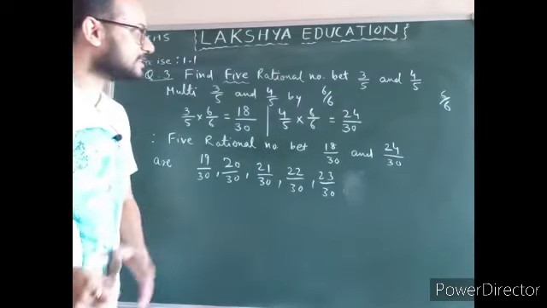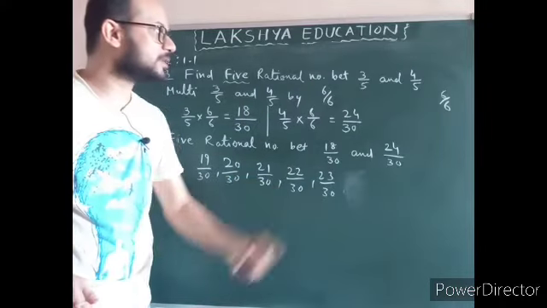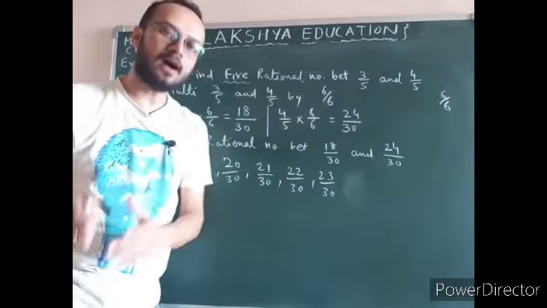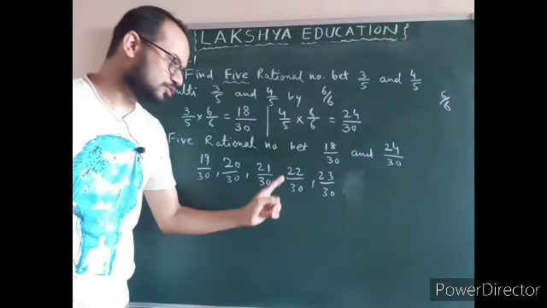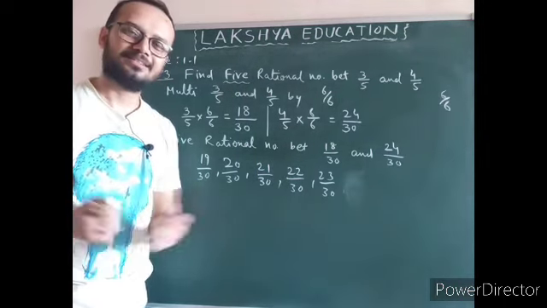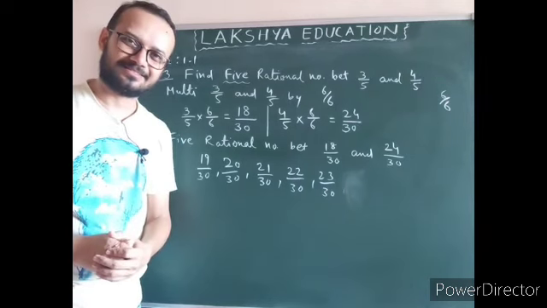So finally we can say that the 5 rational numbers between 3 by 5 and 4 by 5 are 19 by 30, 20 by 30, 21 by 30, 22 by 30 and 23 by 30. This is the answer of this question.